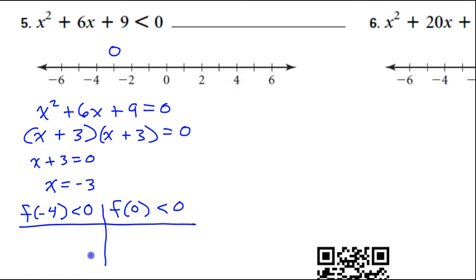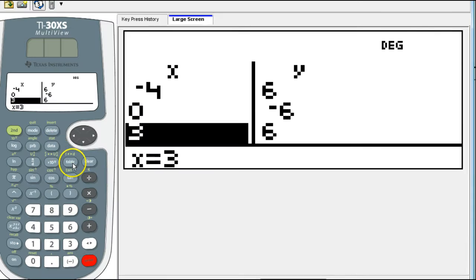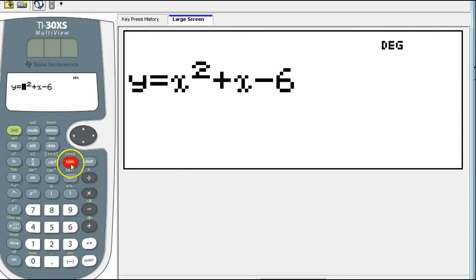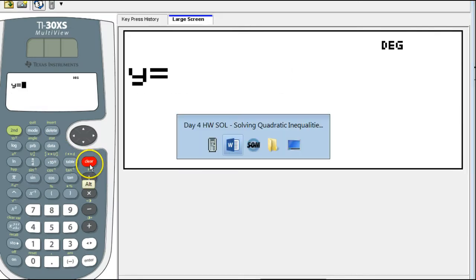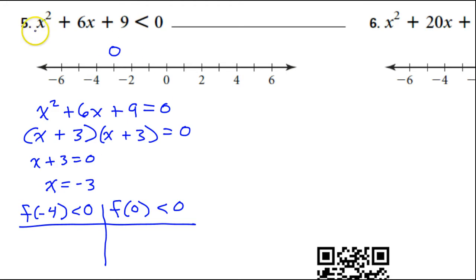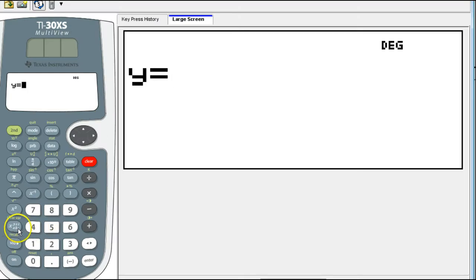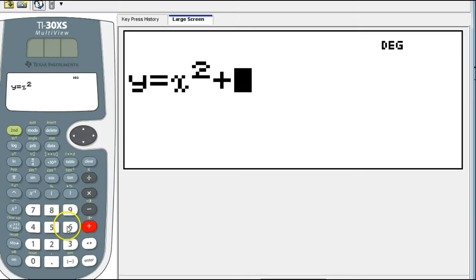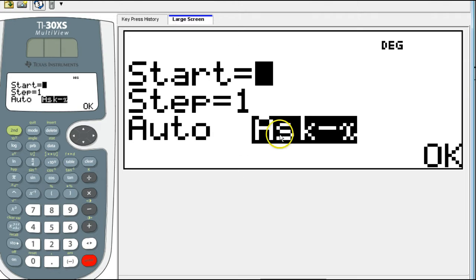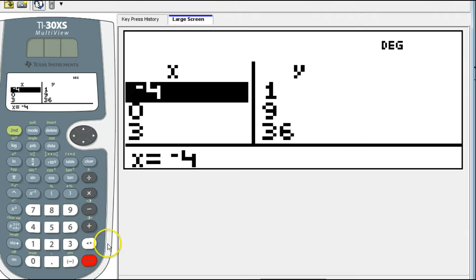I am going to use my calculator, my TI-30XS MultiView, to make this go faster. So type in the left side of your inequality, x squared plus 6x plus 9. Enter. Make sure your calculator is in Ask X mode. Enter, enter, enter, enter.